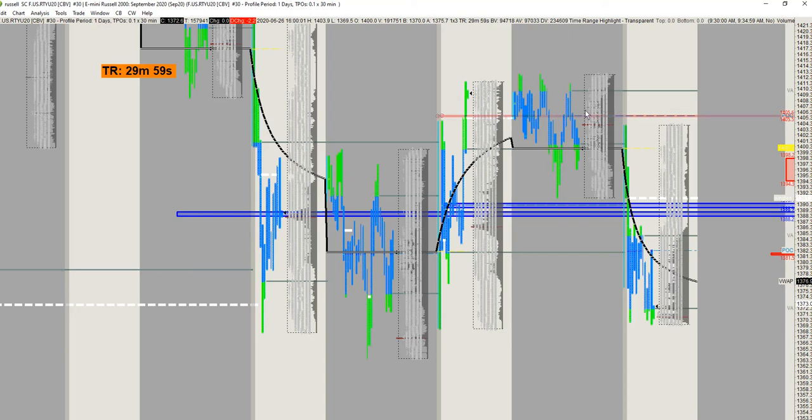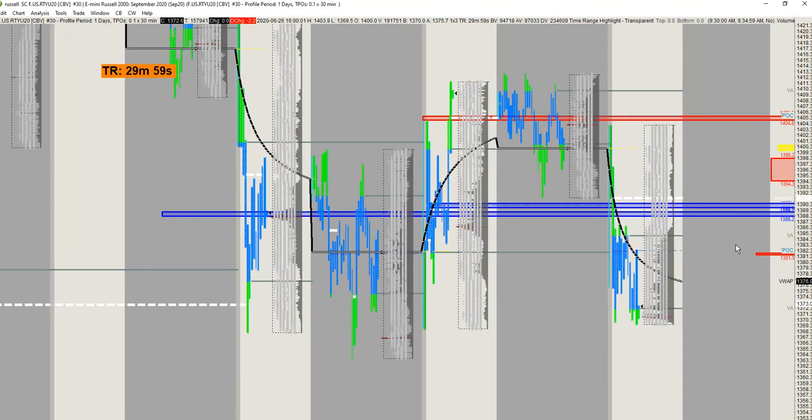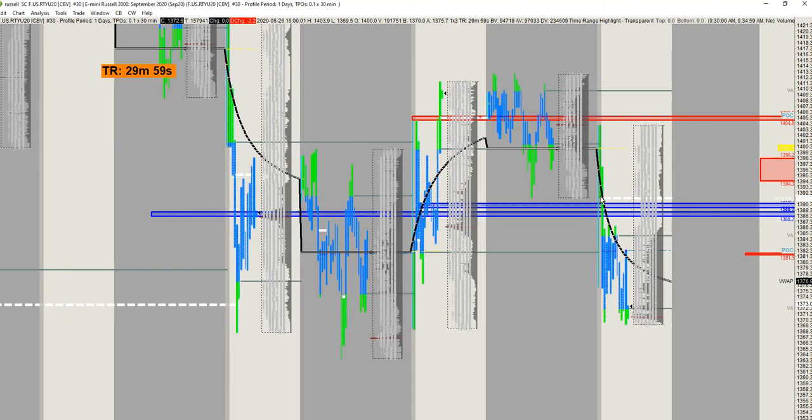This is what's important. This single print got tested several times, and we managed to trade much below it and sellers took control. The next day opened below it, tested it, and failed. That's an important nuance. Same thing with this single print.